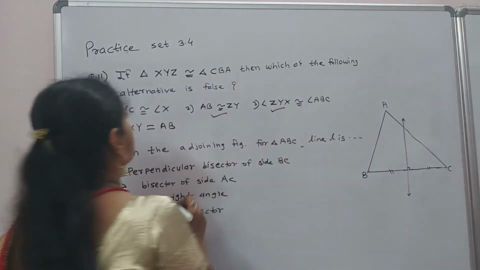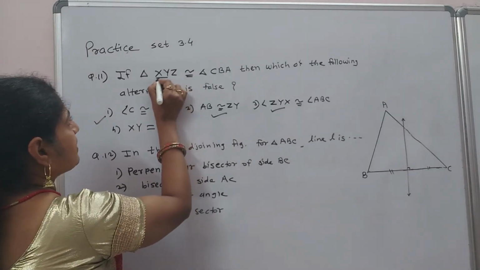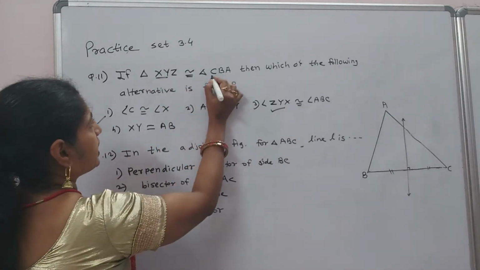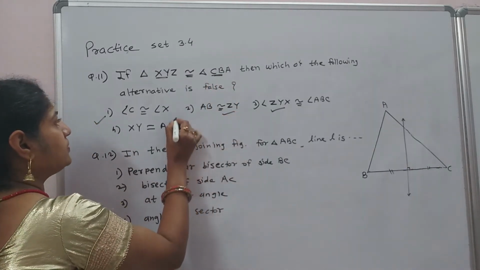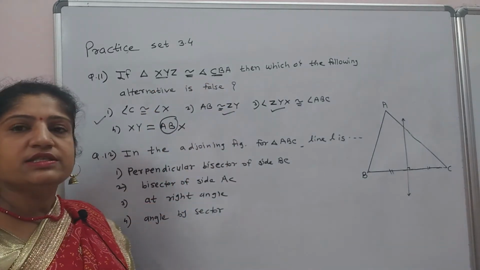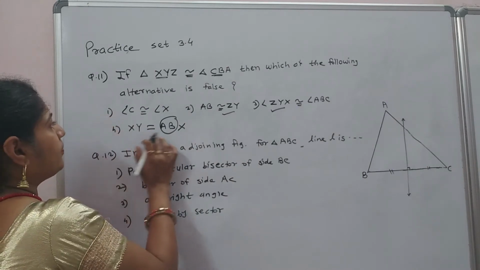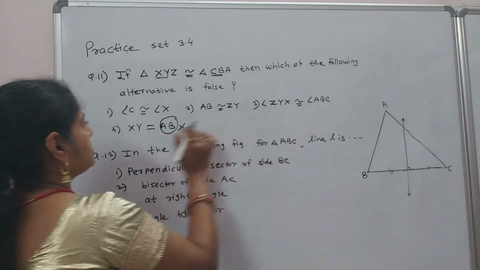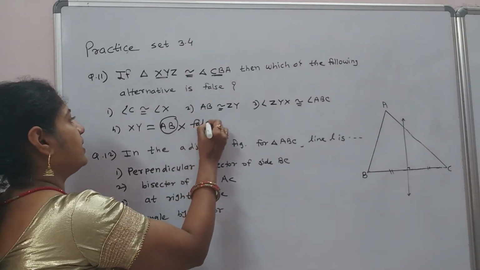This is also right. Number 4, side XY congruent with AB. This is the wrong option. XY is congruent with side BC. So the false statement is option number 4.